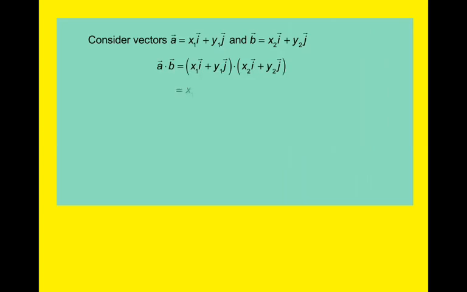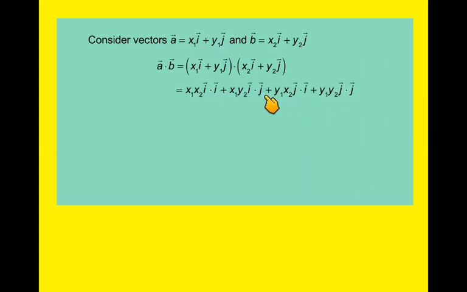If we multiply that out, we get x1 times x2 i dot i. The angle between these two vectors is 0, so this will just become equal to 1, because these are both unit vectors, since it's the magnitude times the magnitude. Okay, similarly j dot j will also be equal to 1.